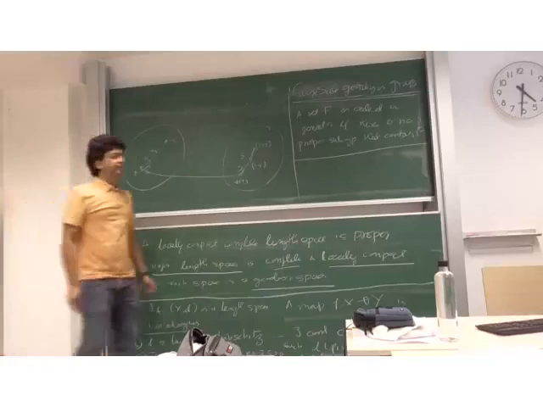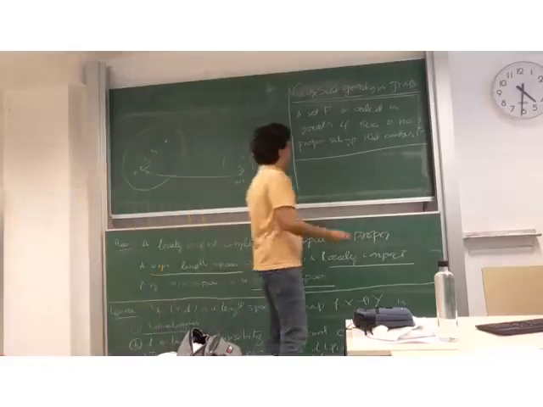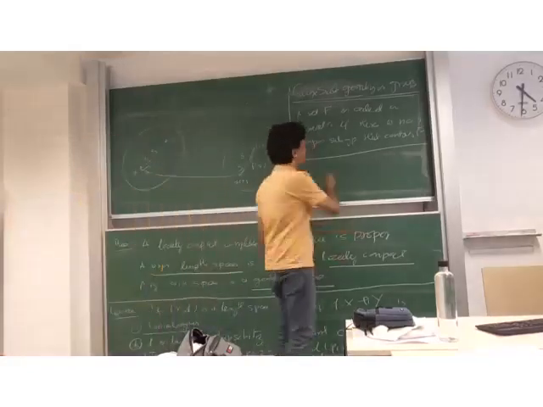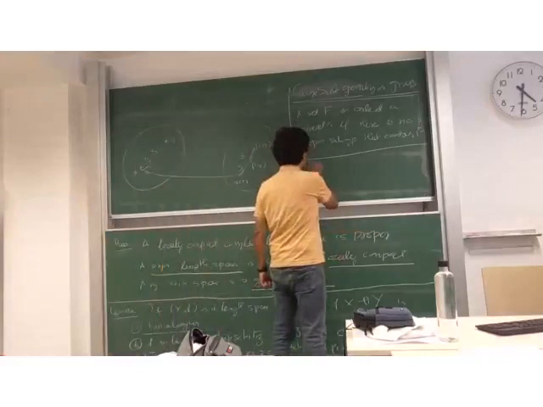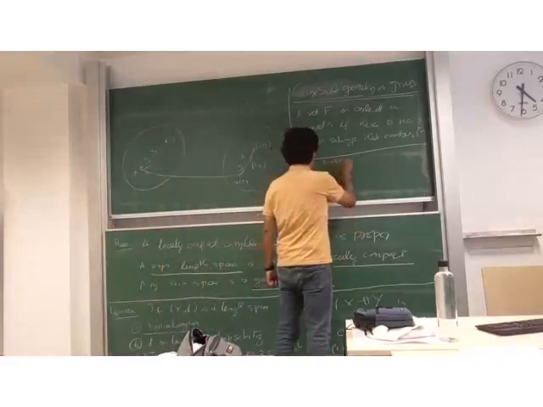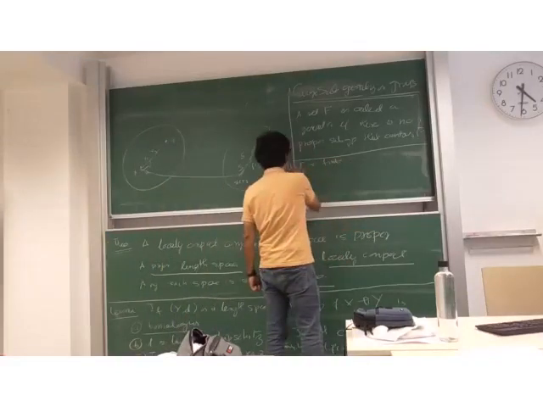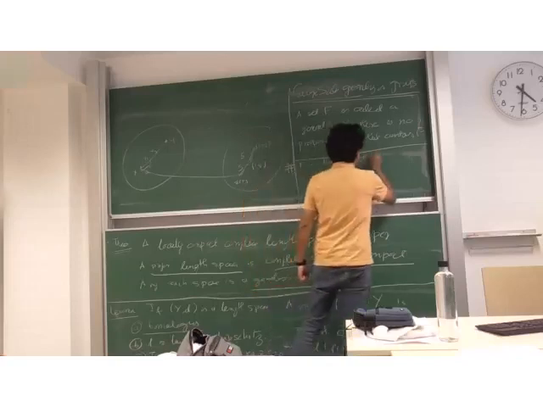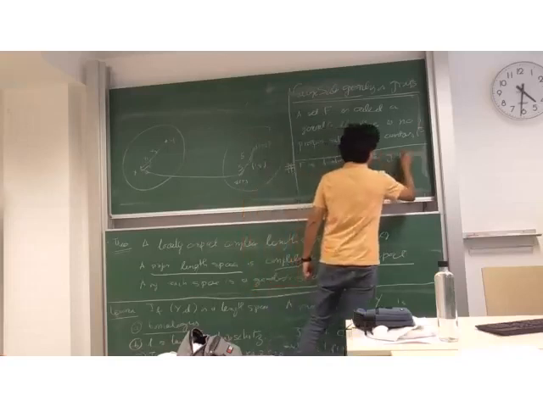And suppose the set is finite. So suppose F is finite. So this is an assumption. The group is called finitely generated.